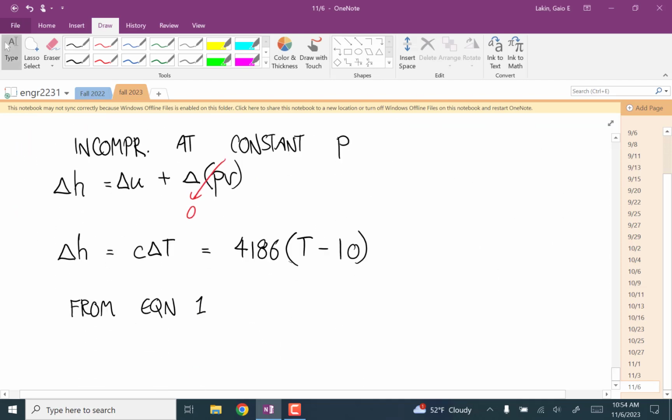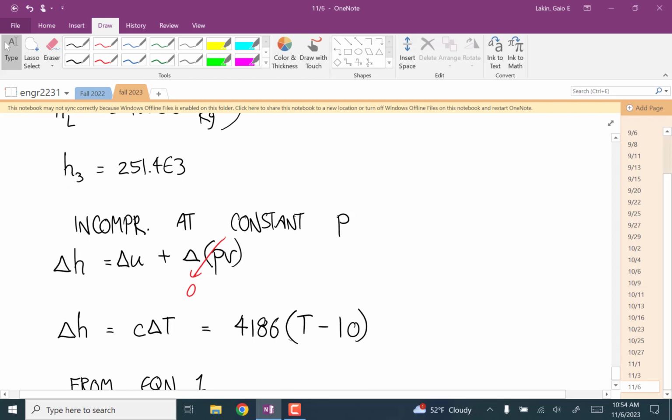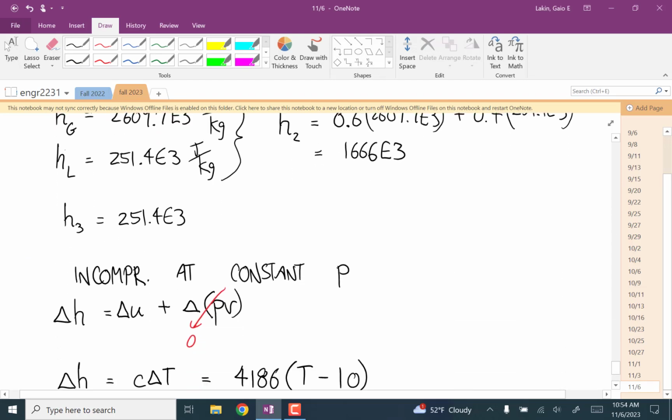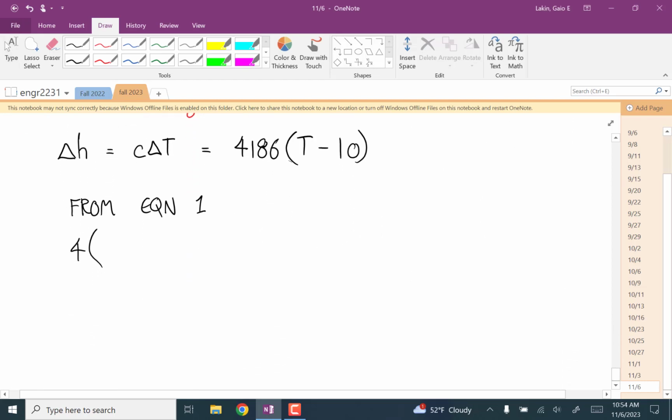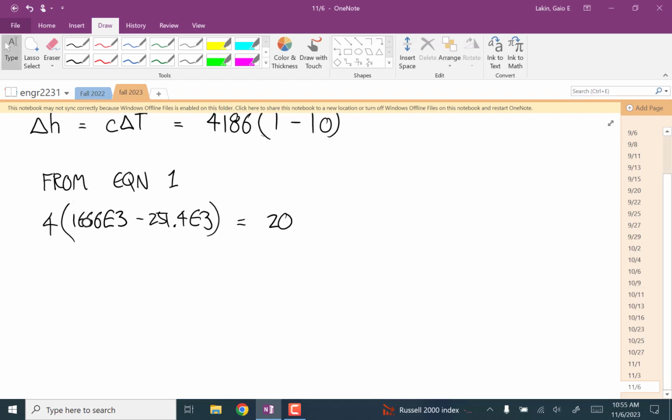So equation 1 says the mass flow rate of the working fluid, 4, times h3 minus h2, which is 1666 minus 251.4 times 10 to the third, is equal to the mass flow rate of the cooling water, 20, times the change in enthalpy, so 4186, times the quantity T minus 10.